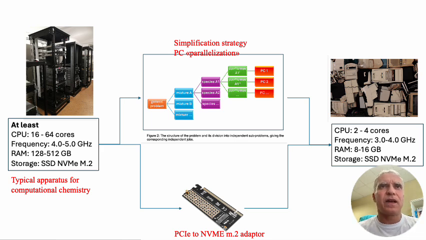In this framework, you can use your old PCs to do what a workstation can do, even if you have to wait a bit longer. But the chemistry problem is very simple. You are just studying a couple of molecules. You are not studying a system made by hundreds or thousands of molecules.